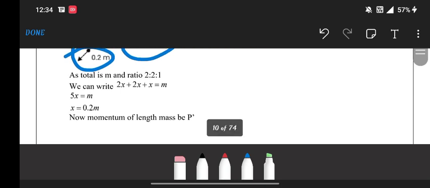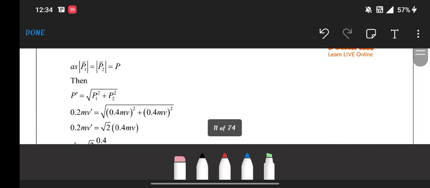Let us take the momentum of the lighter mass as p. As p1 is equal to p2, the resultant p is equal to root of p1 square plus p2 square.